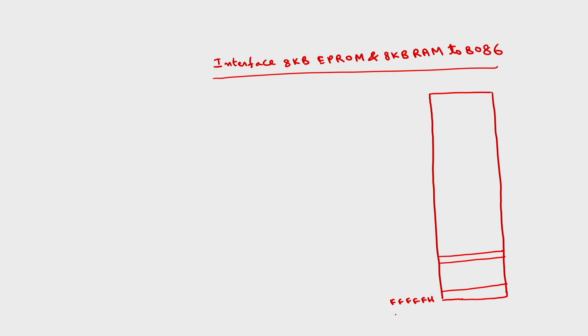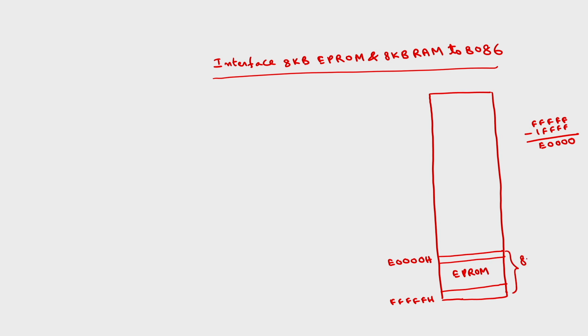For 8K we have to subtract 1FFF, so FFFFF minus 1FFF will be E0000H. So the starting address is E0000H. Here I want to interface the EPROM.